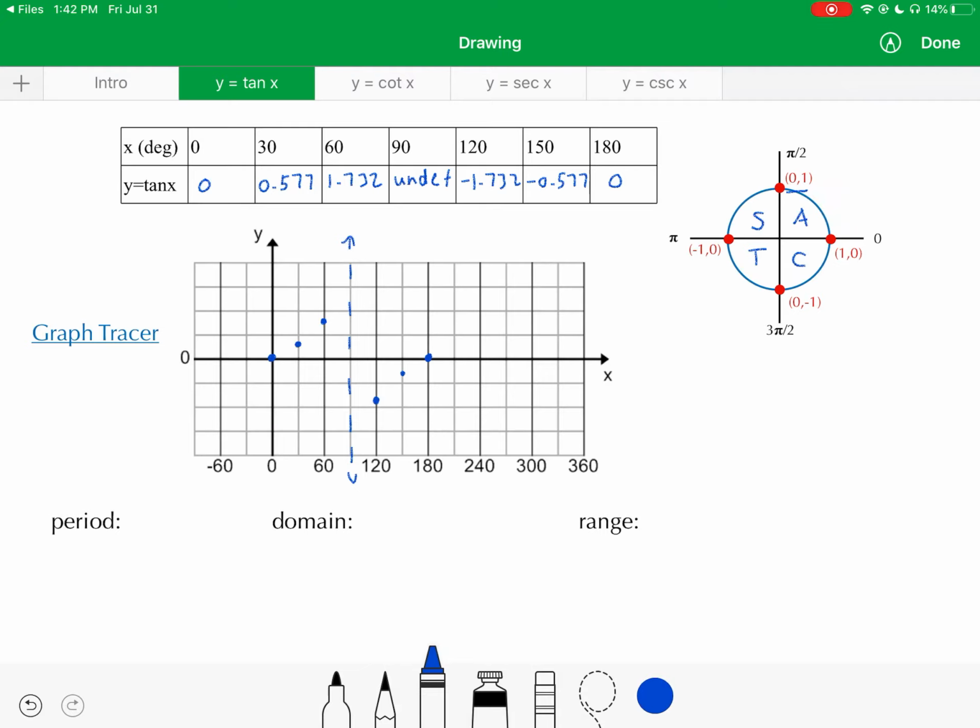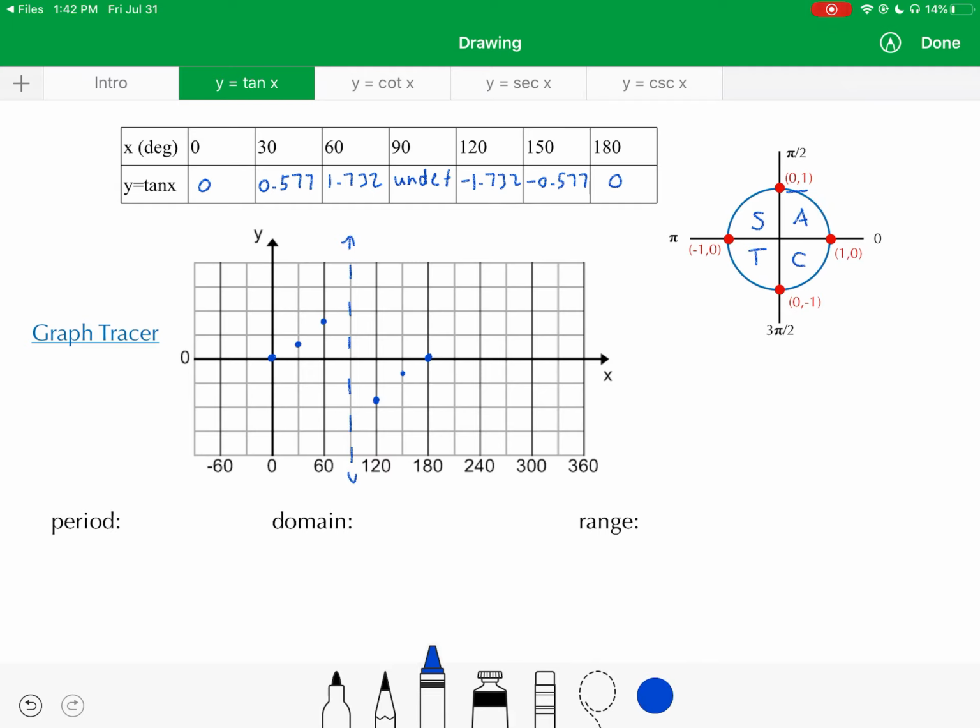That's because all functions are positive in the first quadrant. Then after the asymptote at 90 degrees, the next 3 points correspond to second quadrant points, and they are below the x-axis, because in the second quadrant, tangent is negative.